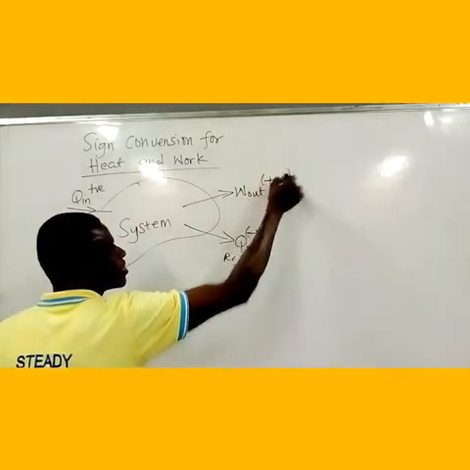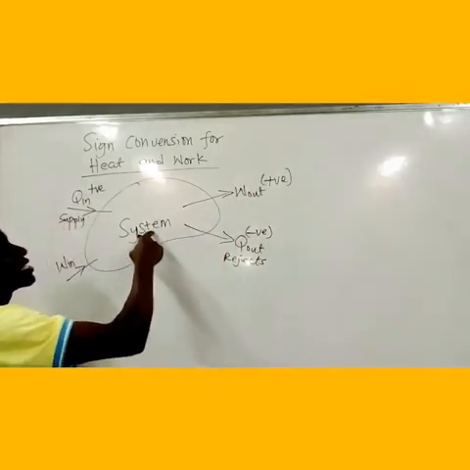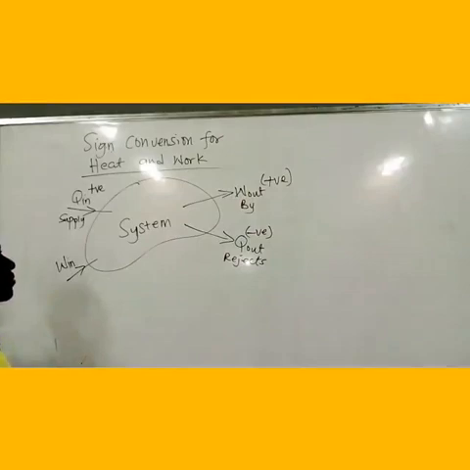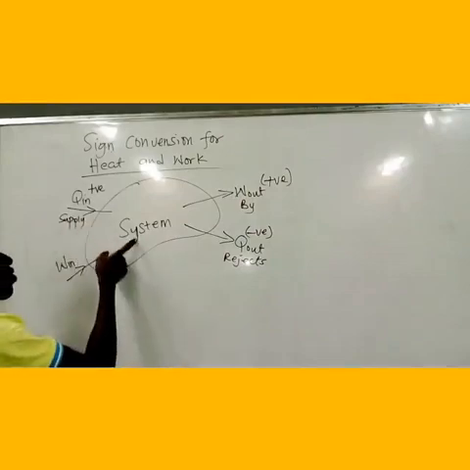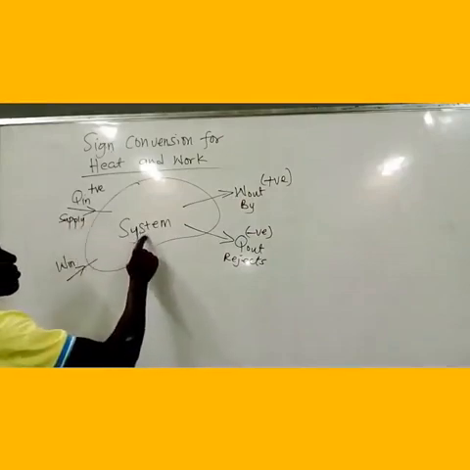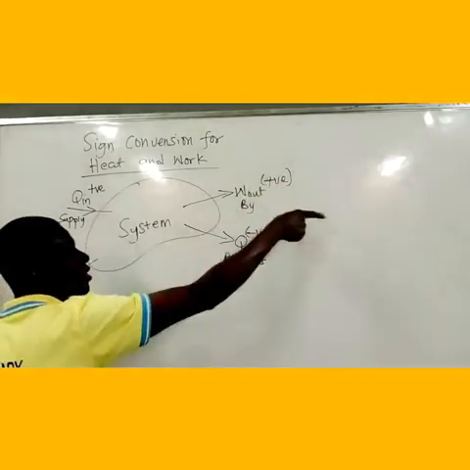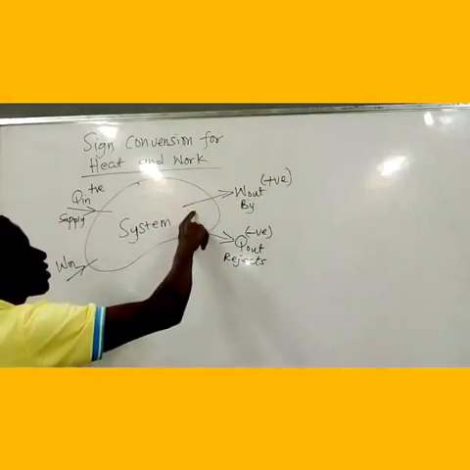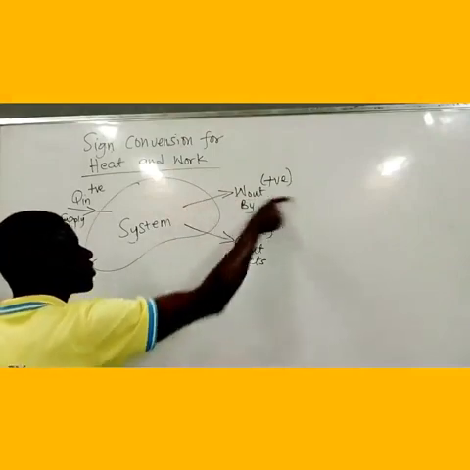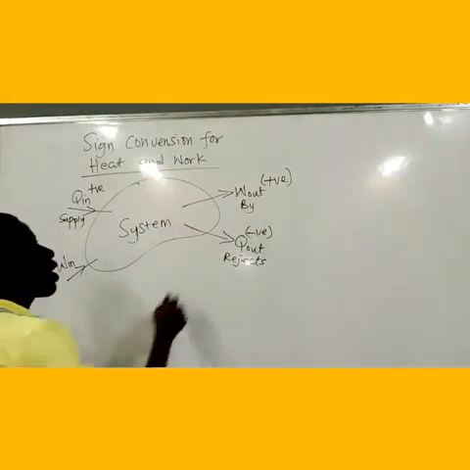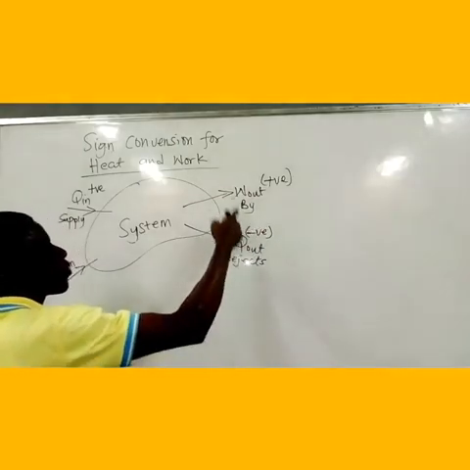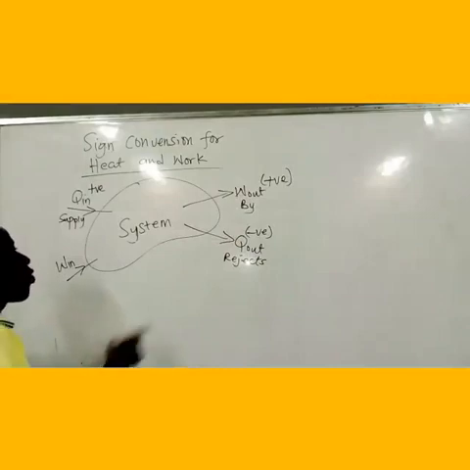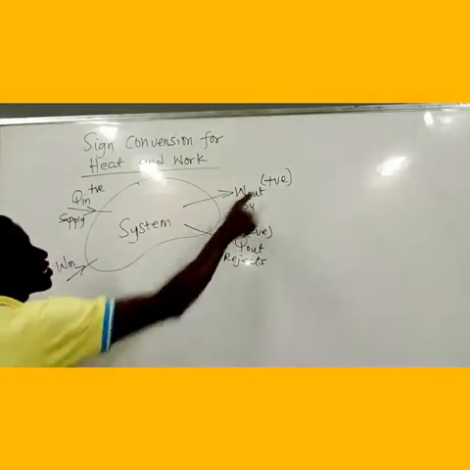Work from a system is positive. It means that the work is done by the system. We supply heat to the system for the system to do work, so the arrow goes out. The work out of the system is work done by the system on the surrounding. So it is positive.